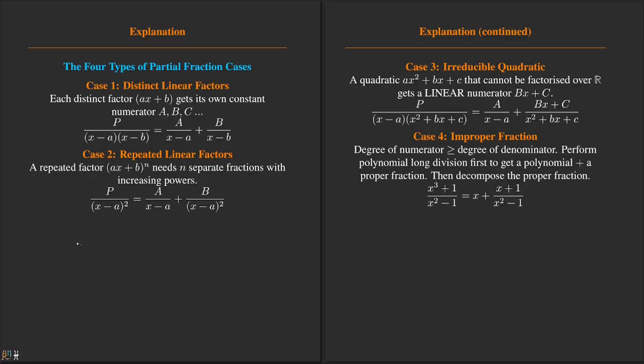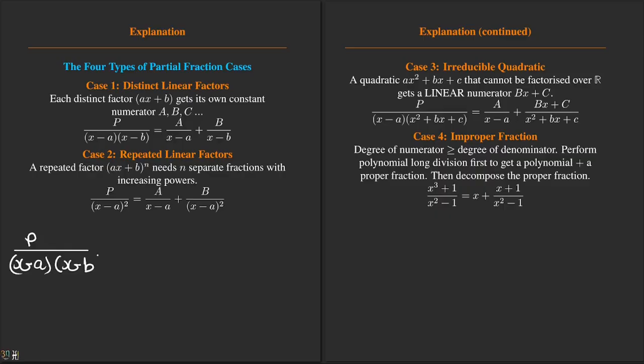If we have p over (x minus a)(x minus b), we call the factors in the denominator linear factors, because x minus a is a linear function, and x minus b is also a linear function.